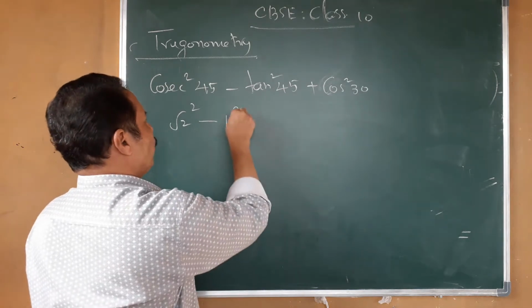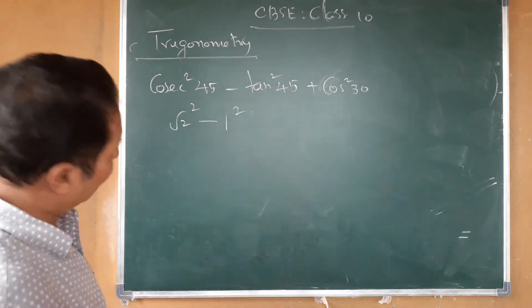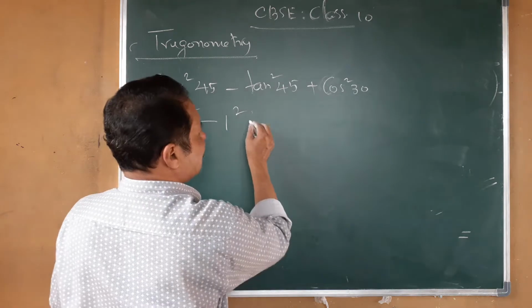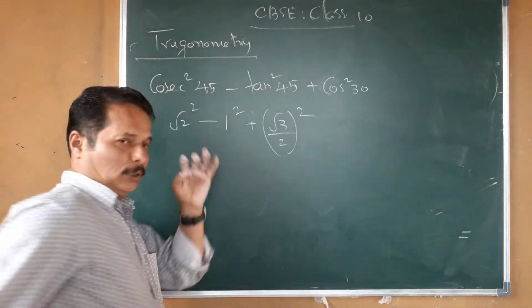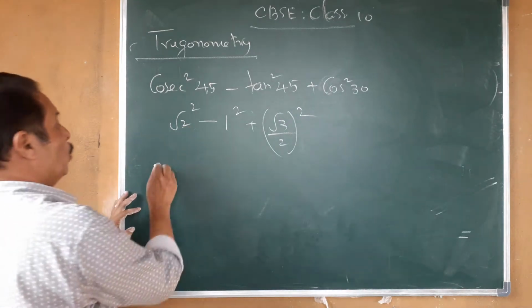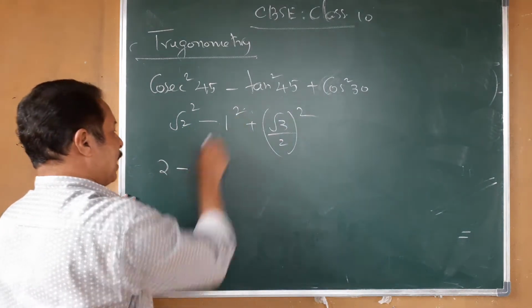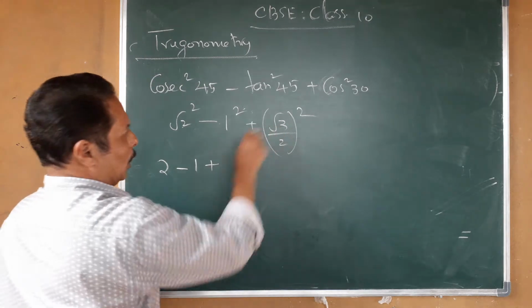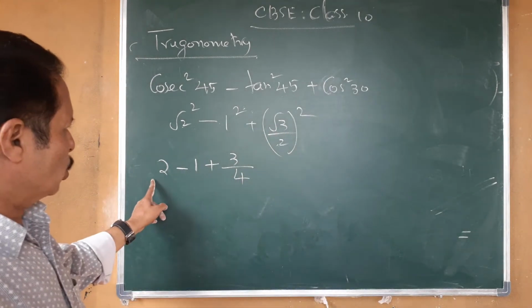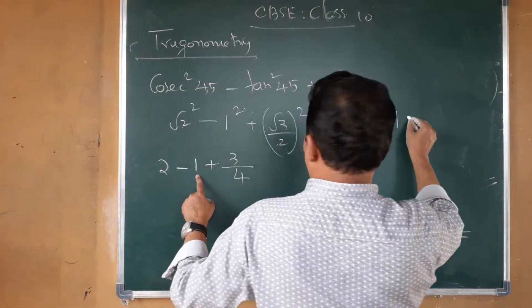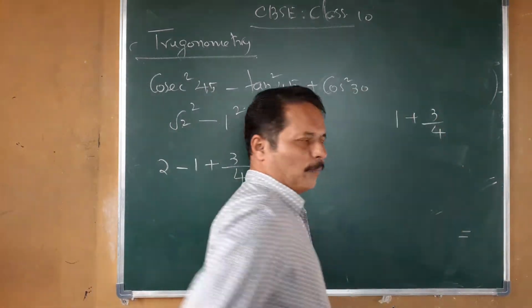Tan 45 is 1, so tan square 45 is 1 square. Is it clear? Cos 30 is root 3 by 2, square means whole square. Is it completed? Root 2 square is 2, minus 1 square is 1, plus root 3 square is 3, 2 square is 4. Is it clear? So 2 minus 1 is 1, plus 3 by 4.